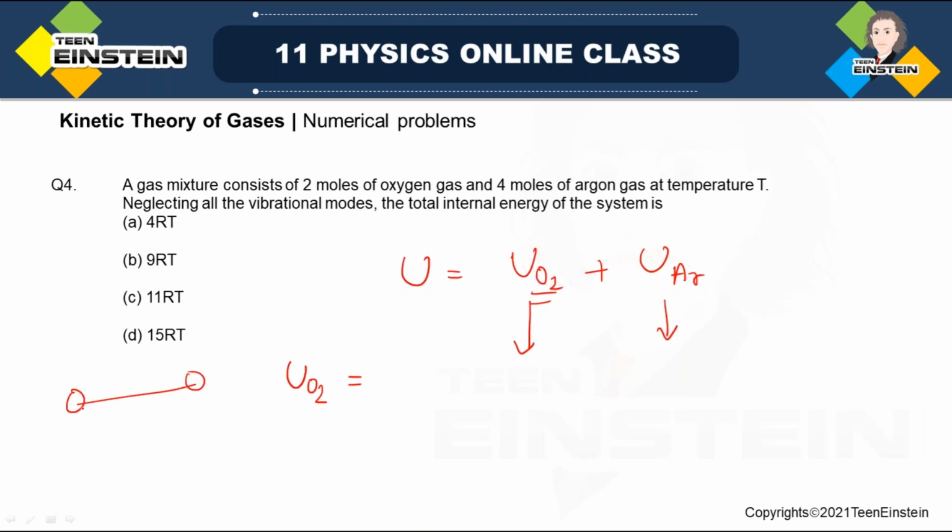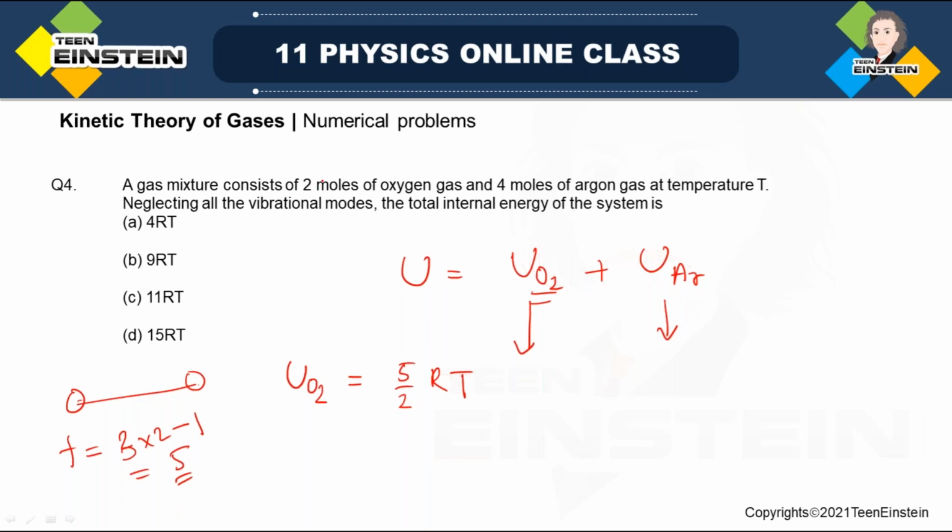We know F is equal to 3n minus L, here 6 minus 1, so you get 5 degrees of freedom. So 5 degrees of freedom means for 1 mole, 5 into half RT, that is 5 by 2 RT.